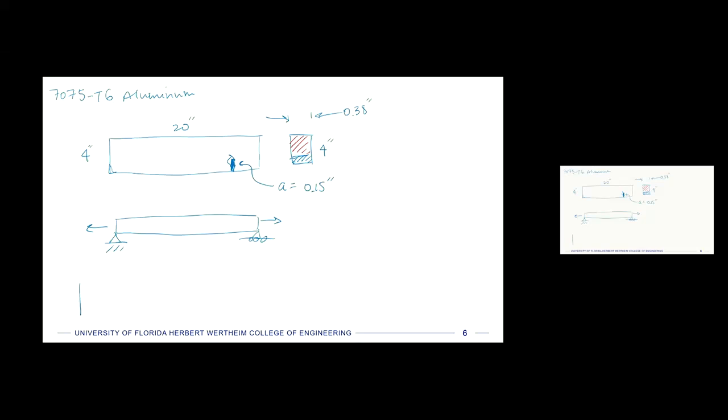Okay. So let's do this. Let's say our load is P, capital P, and our allowable load is going to be equal to whatever the allowable stress is times the area. And our allowable stress is going to be the yield point divided by our safety factor of 1.5.